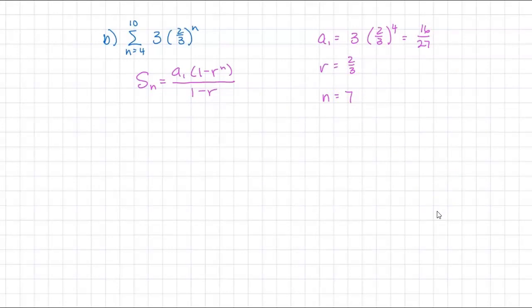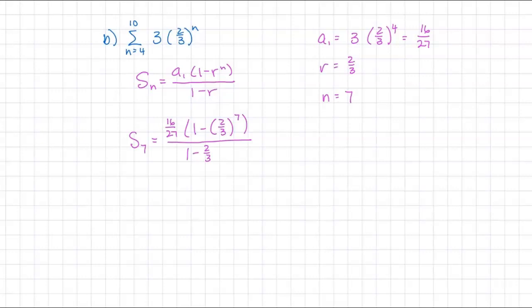Now you can go ahead and plug it in. So we are looking for the 7th partial sum, which is 16/27 times 1 minus 2/3 to the power of n, which is 7, over 1 minus 2/3. Then you plug that into the calculator.